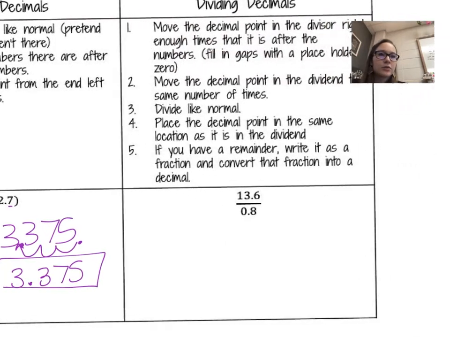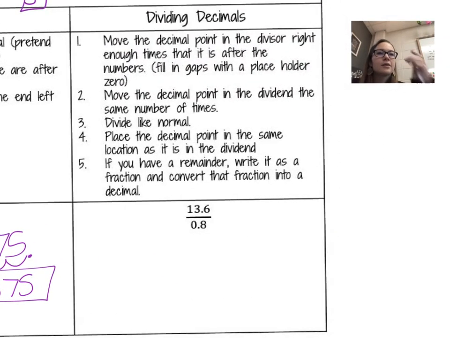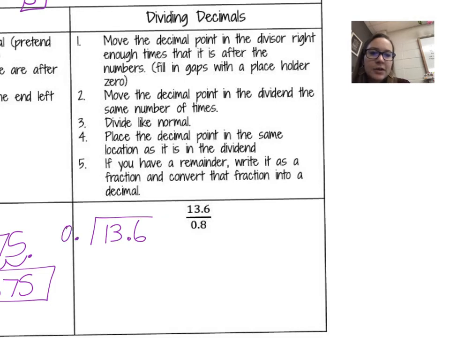Dividing decimals, okay? So remember that if I have 13.6 divided by 0.8, the 13.6 goes inside the little house. Divided by 0.8, okay?